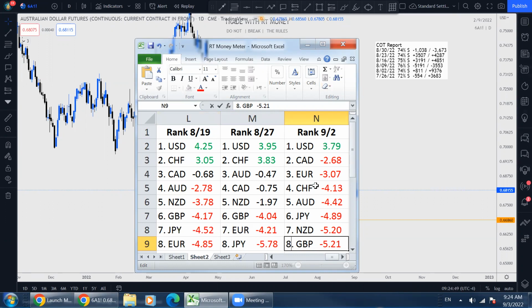Okay, and last week the US dollar was ranked at number 1, all right, at 3.95. This week it's at 3.79. The marginal change, it kind of moved sideways for the week. All right, but it is the strongest of all the currencies, period. And if we go to the Aussie dollar, it was ranked number 3 at minus 0.47, kind of like neutral, bearish, but basically neutral.